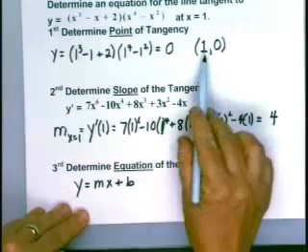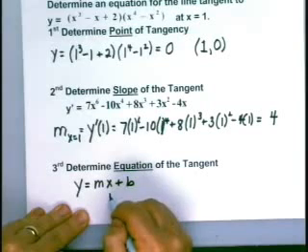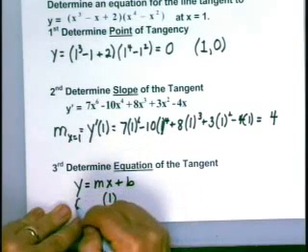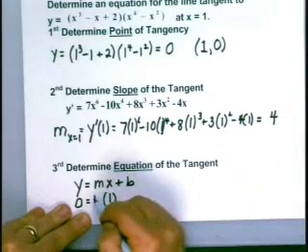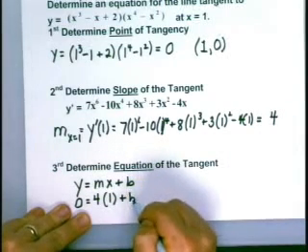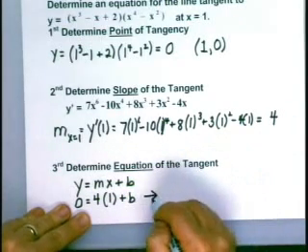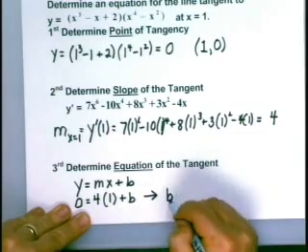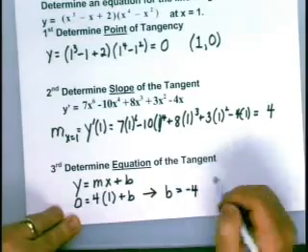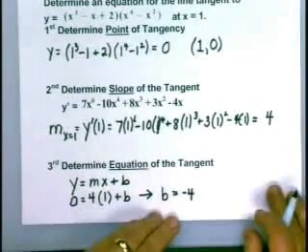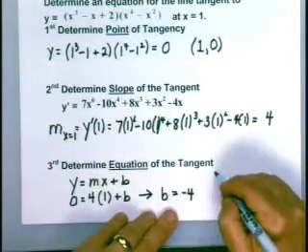I have a point on the line, 1, 0, so I'll substitute that point in for x and y. I also know the slope of the line, which is 4. This allows me to find the value of b. So b would equal, carrying this 4 to the left side, b would equal negative 4. So now I have the equation of the tangent line.